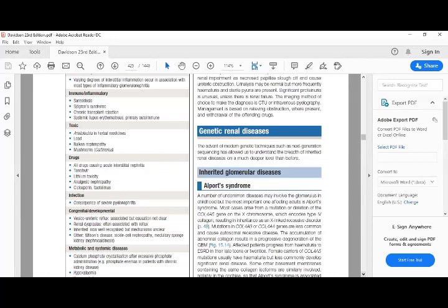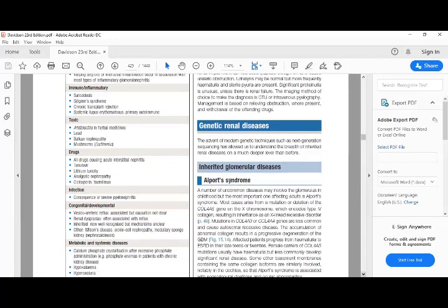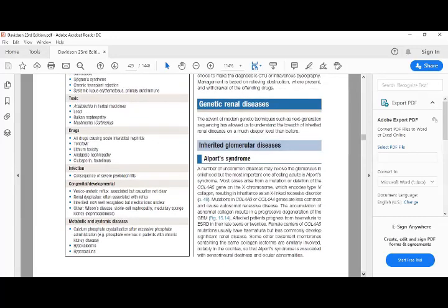Others: Wilson's disease, sickle cell nephropathy, medullary sponge kidney, nephrocalcinosis, calcium phosphate crystallization after excessive phosphate administration in CKD patients using phosphate enemas, hypokalemia, hyperoxaluria. These are the causes of chronic interstitial nephritis.